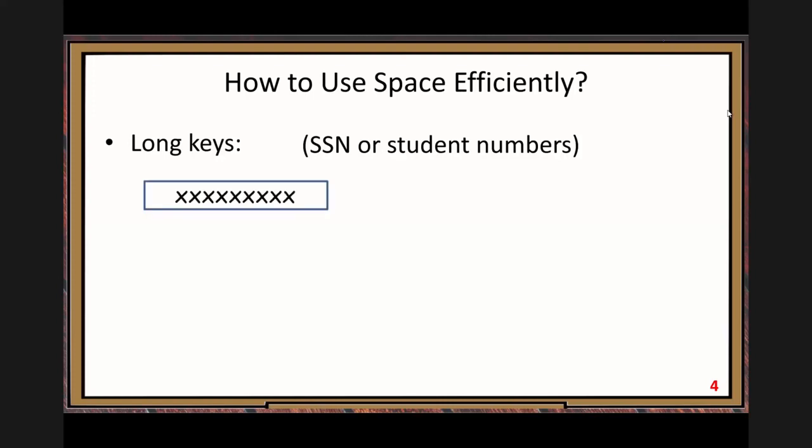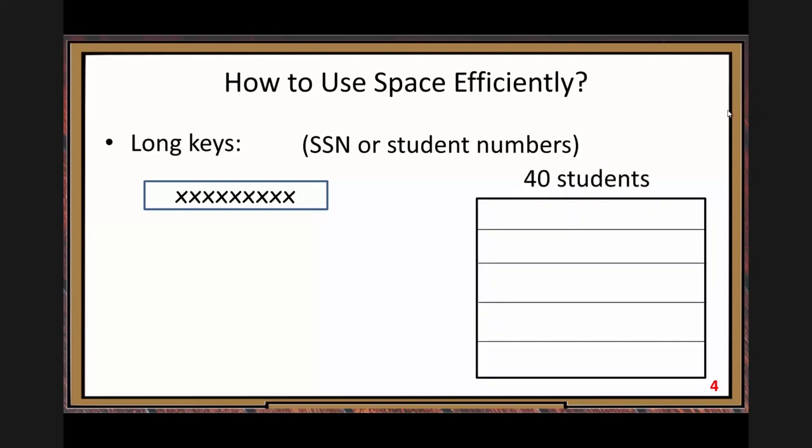SSN or student number, long keys. Here, let me explain why the space usage is not efficient for index search. Let's assume there are 40 students in the class. It's a small number, 40. But if we use either student number or SSN as the search key, that's a long key.